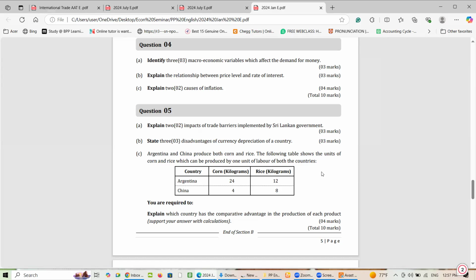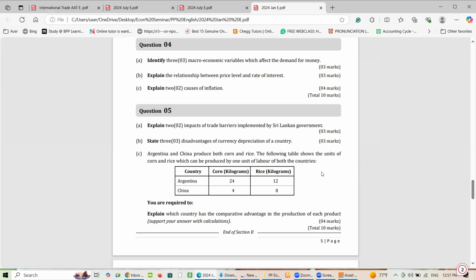How is international trade organized? How do countries involve or engage in international trade under the absolute advantage theory?